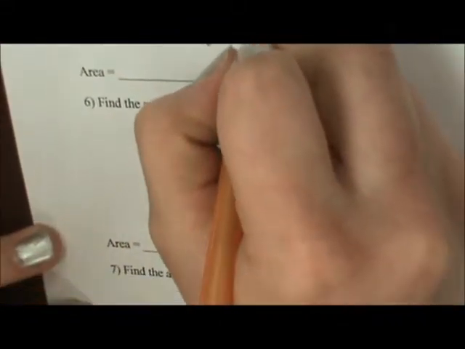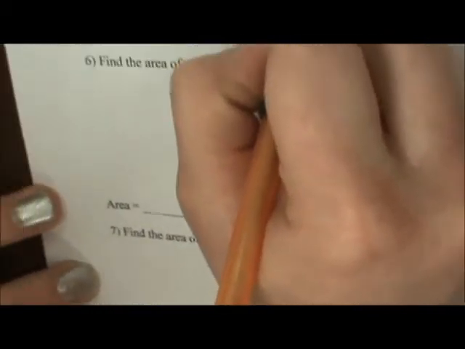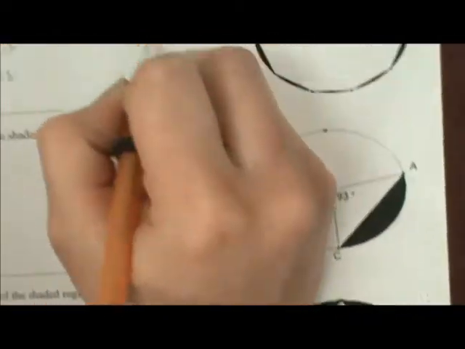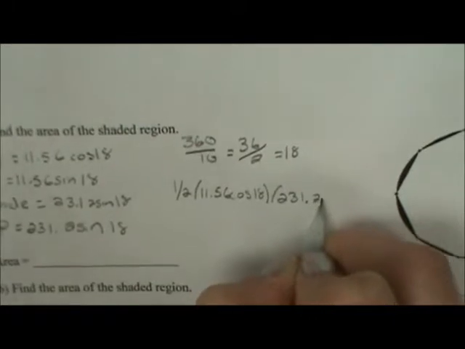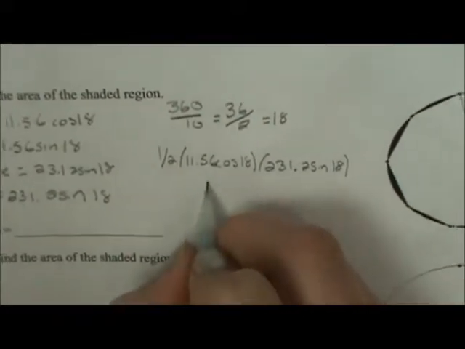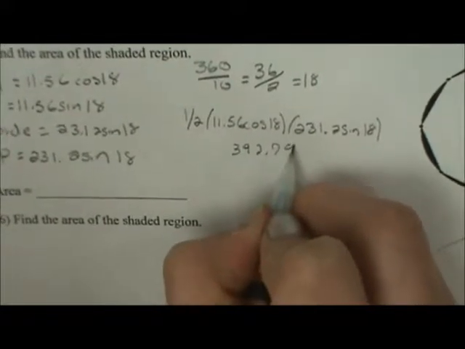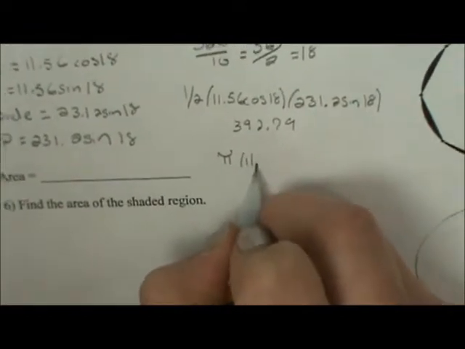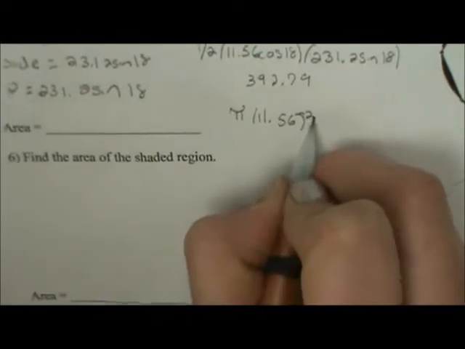So to find the area, we have to take the big circle and then subtract the decagon inside the circle. So our equation is going to be pi r squared minus half of a times p. So we're going to do 1/2 times 11.56 cosine of 18 times 231.25 sine of 18, which is 392.79.